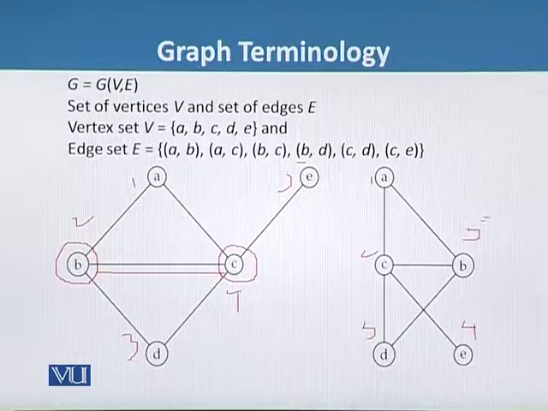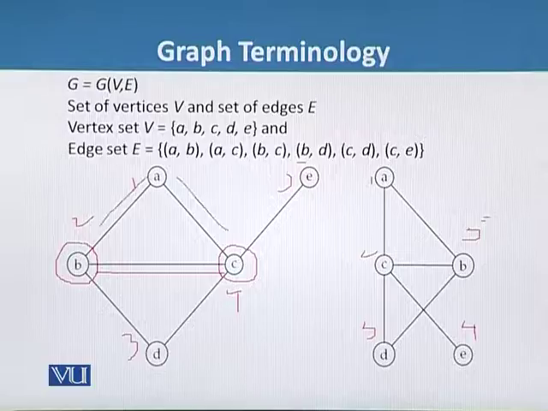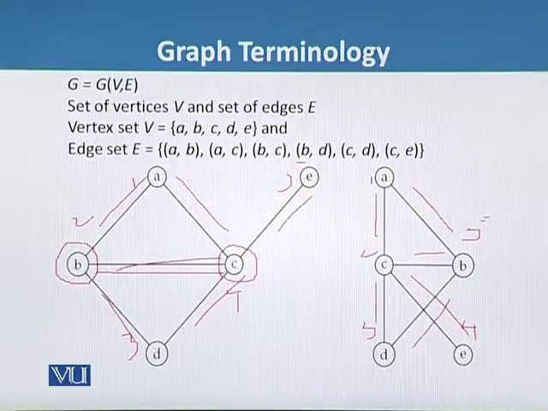We can also see that there are 6 edges in both of these, 1, 2, 3, 4, 5 and 6. So these diagrams are equal or similar in terms of a graph.